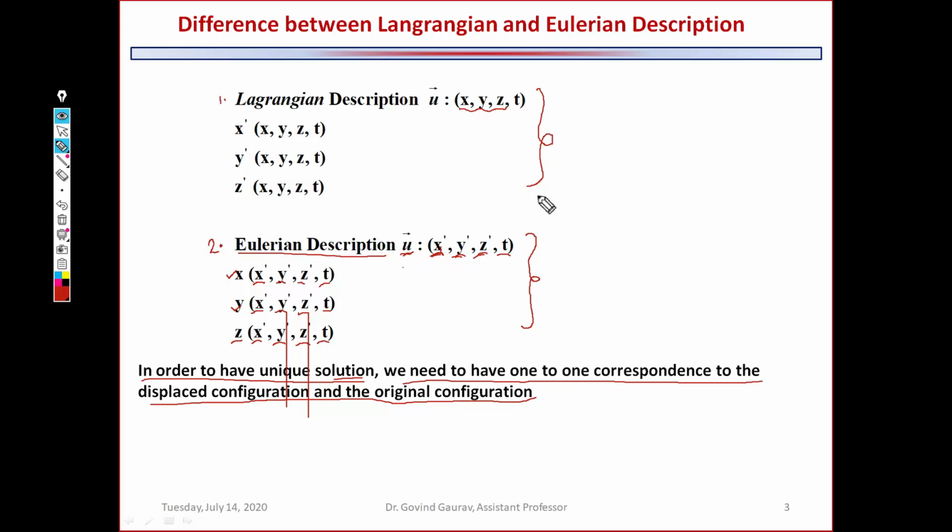So in both cases, the Lagrangian description as well as the Eulerian description, we need to have the one-to-one correspondence. Then only can we have a unique solution, whether we choose the Lagrangian description or the Eulerian description.